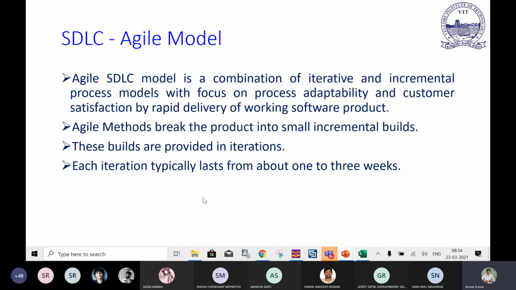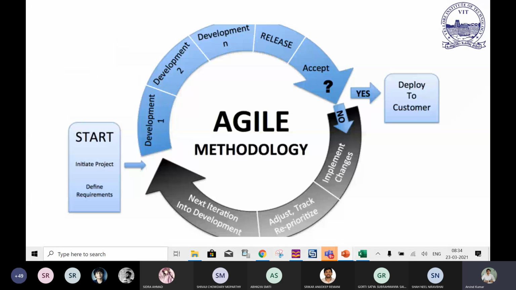So it's not going to take much time. Starts from here: development, release, accept, yes, no, then again come to decide everything, then again start. So Agile methodology works in this way. This is the general block diagram. I will show you the exact block diagram.